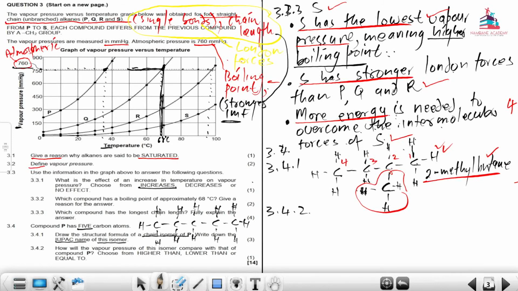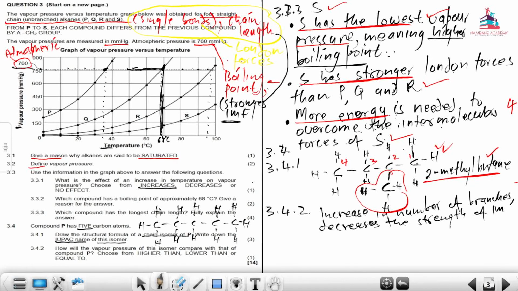At 3.4.2, how will the vapor pressure of this isomer compare with that of compound P? Choose higher than, lower than, or equal to. What do we know about branches? We agreed that an increase in the number of branches decreases the strength of intermolecular forces.